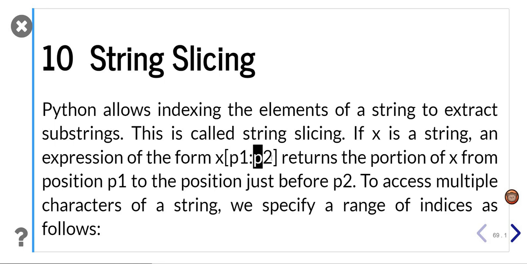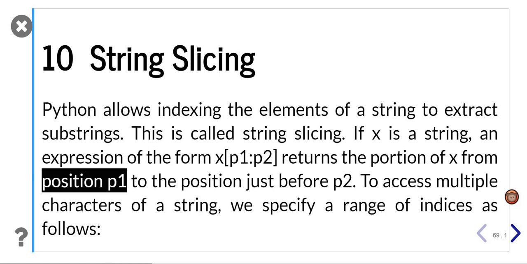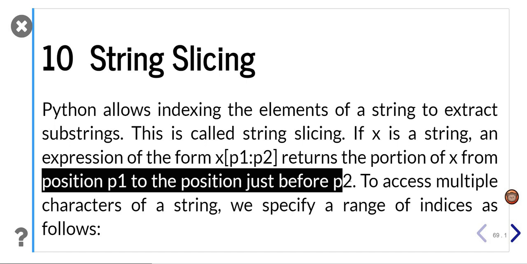But the range for the second one is exclusive. So let's say if you put 0 to 5, 0 is inclusive, you are starting from index 0, but 5 is exclusive, so it goes until 4, the index before. The first one is inclusive, the second one is exclusive. This is the Python way, so it returns a portion of x from position p1 to the position just before p2.